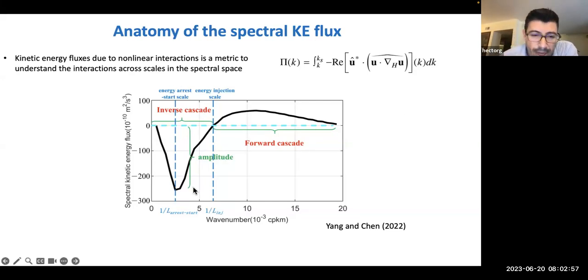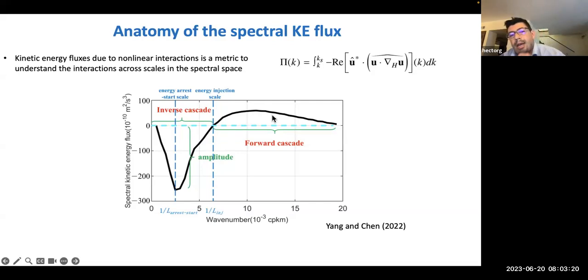Here I will emphasize several scales associated with the kinetic energy fluxes. The first one is the inverse kinetic energy cascade, which is emphasized by the minimum, the relative minimum on the negative side, and we also call it the inverse cascade.